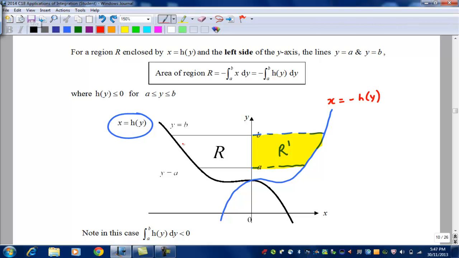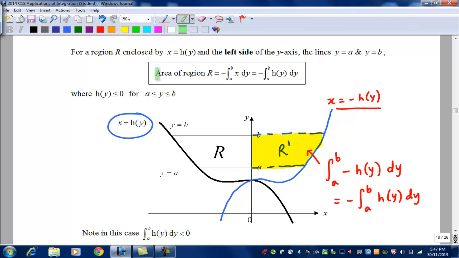So finding the area of the region R is the same as finding the area of this yellow portion. Knowing the equation of this blue graph, I'm going to integrate from a to b of the function negative h of y dy, which is equivalent to negative integral from a to b h of y dy.